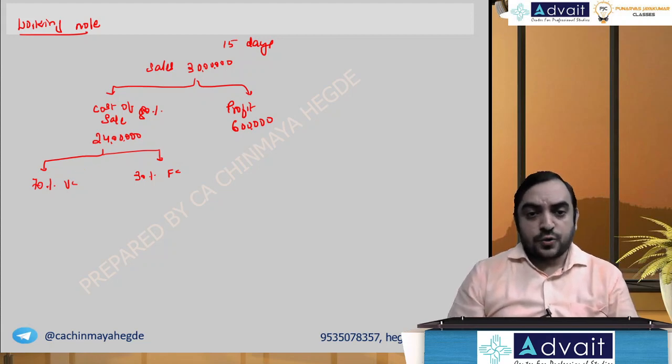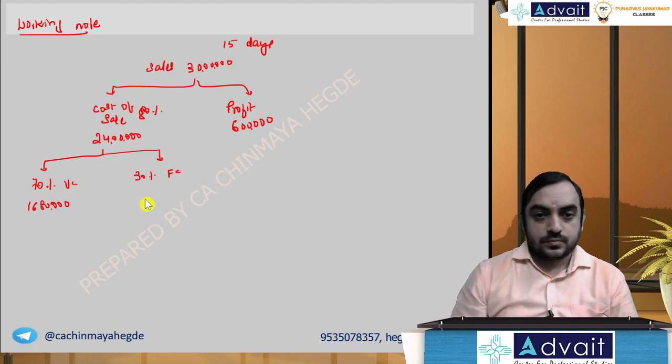So 70% of 24 lakh is 16 lakh 80,000, and fixed cost is 7 lakh 20,000.